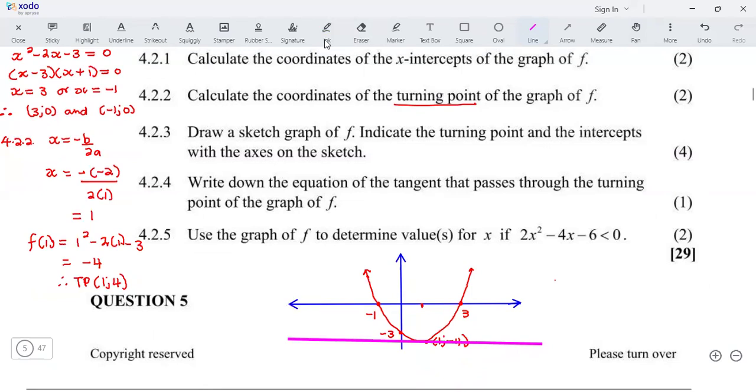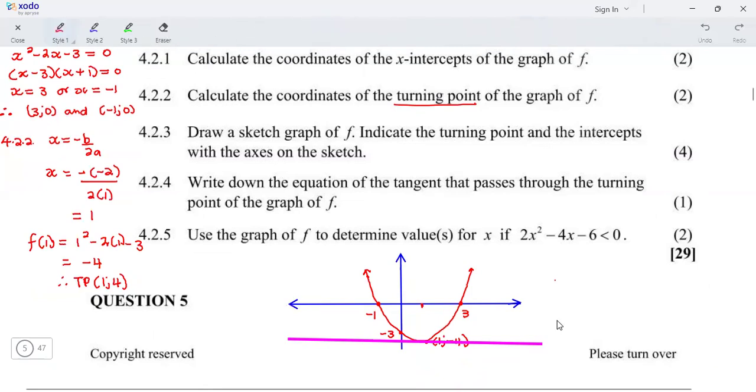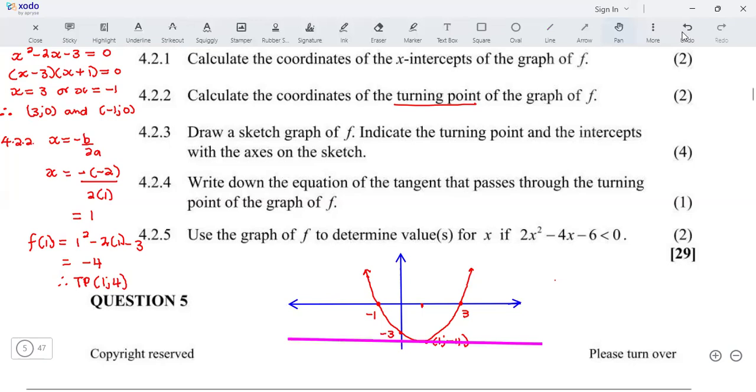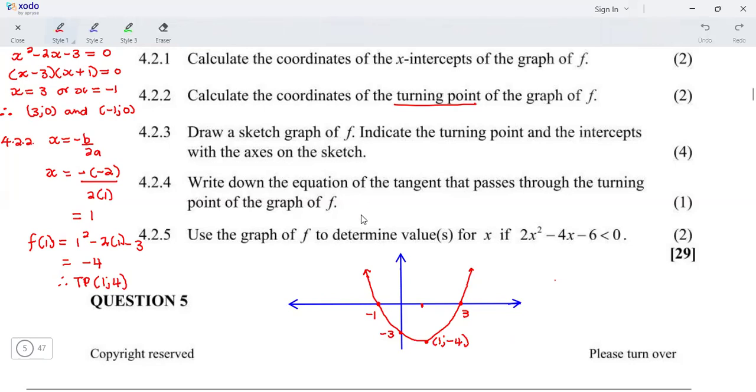So it's going to be y is equal to the y value of the turning point, which is -4. So the equation of this tangent is y is equal to -4.